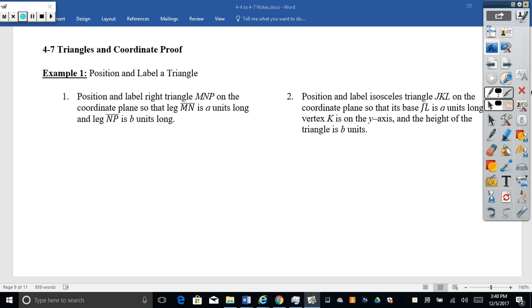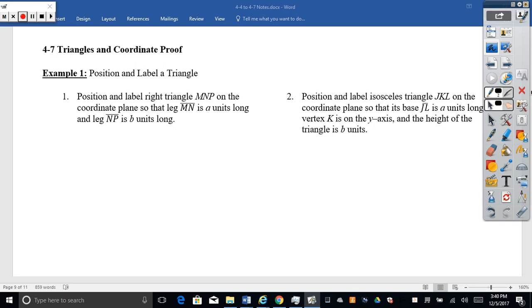What we're starting with is making sure that we understand how to put figures in the coordinate plane, okay? And so as I look at number 1, it says this: position and label a right triangle MNP on the coordinate plane so that leg MN is A units long and leg NP is B units long, okay?